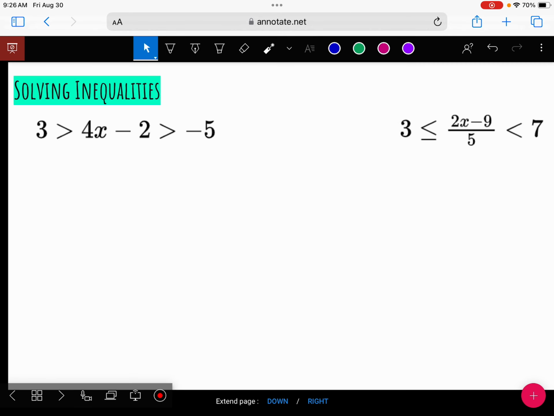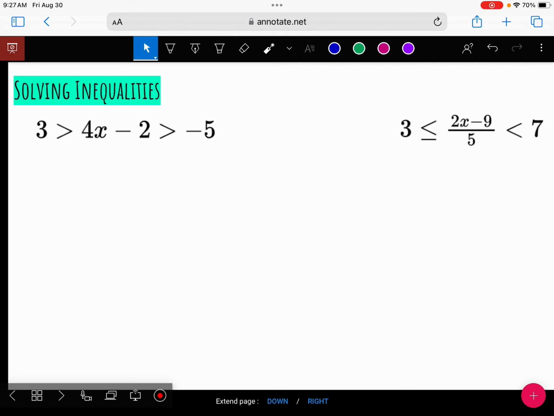Okay. Because I want us to do some more with our inequalities before we start tossing weird things in like absolute values and stuff. So here we're given this kind of sandwich inequality, which we can approach exactly like we do an equation, or we can split this up into pieces if having two signs in here messes with your head.